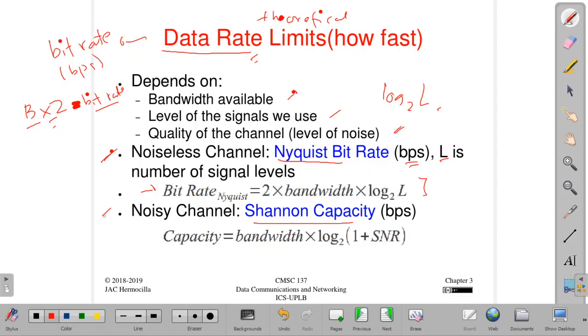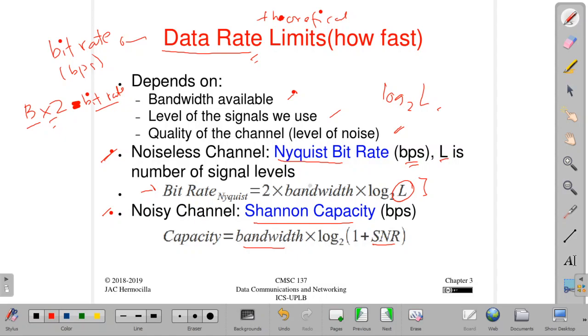For the noisy channel, the limit is given by the bandwidth and the signal to noise ratio. So notice that the Shannon capacity does not include the number of signal levels.